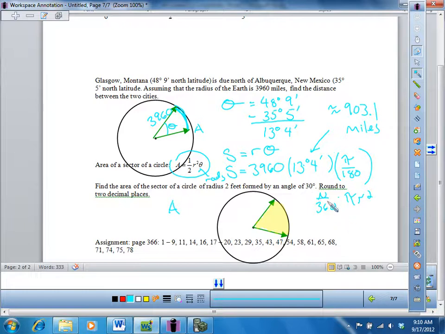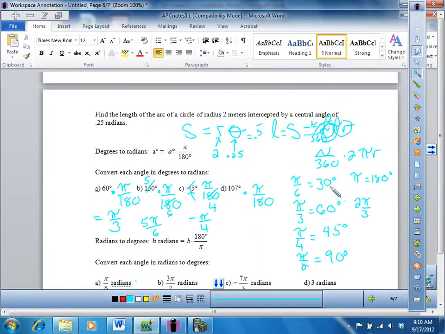But they just convert this into radians. Okay? So to do that, this is going to be, in this case, 2. How many radians is 30 degrees? Pi over 6 is 30 degrees. Okay? You should memorize that one.